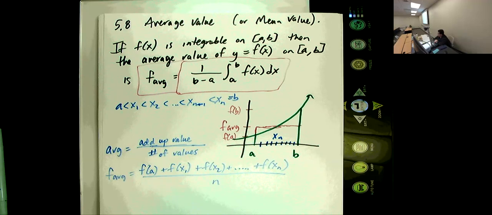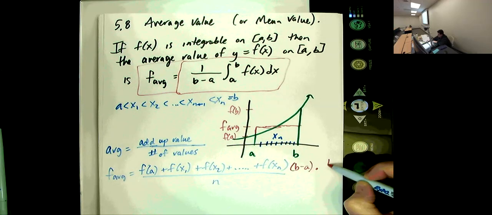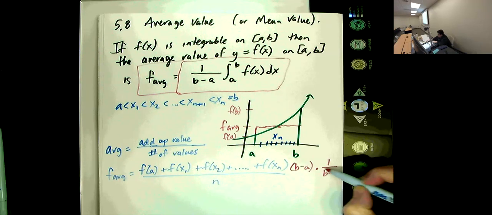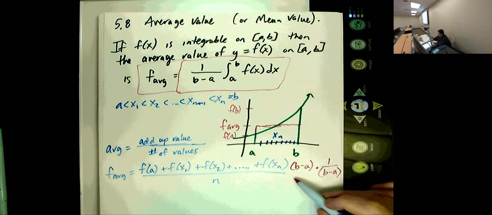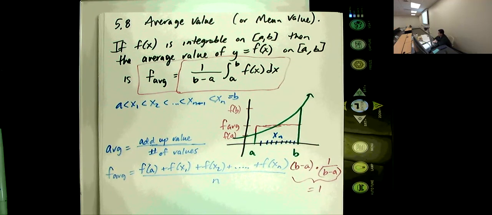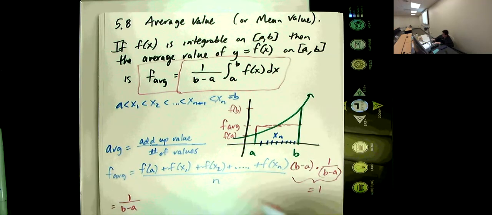Does that make sense so far? What I'm going to do is multiply this by b minus a times 1 over b minus a. And you might ask, why would we do that? Well, first off, this equals 1, right? So I haven't changed the value. What I can do though is factor out that 1 over b minus a on the bottom.